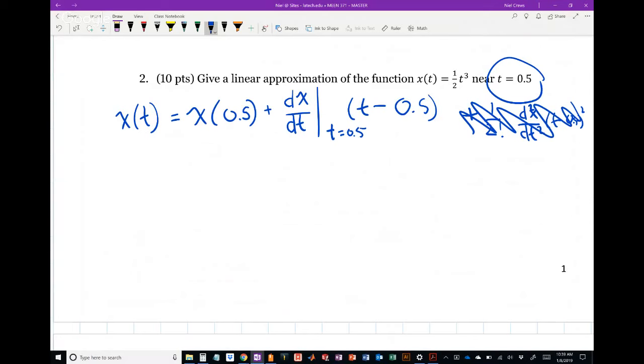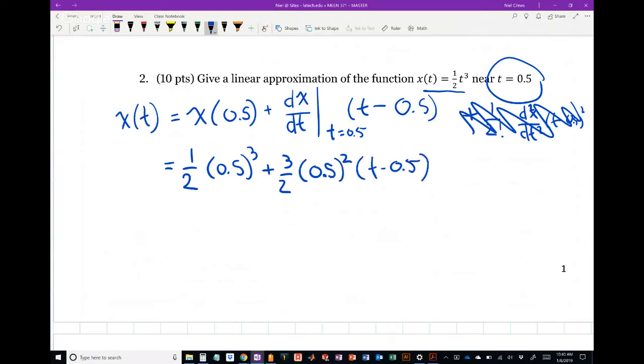So that is going to be 1/2 times 0.5 cubed, right? That's this x of t, plus 3/2 times 0.5 squared times (t minus 0.5). I just did that in my head.